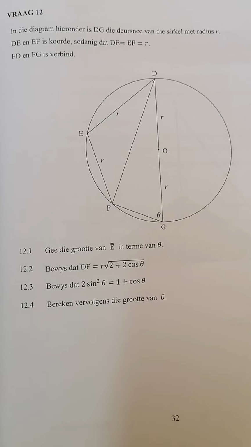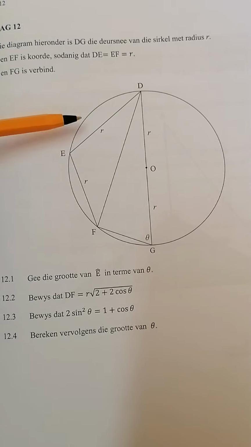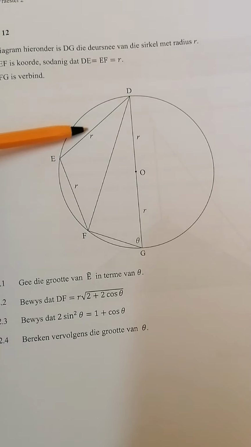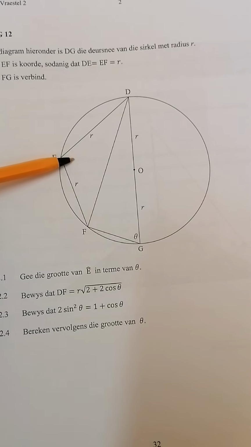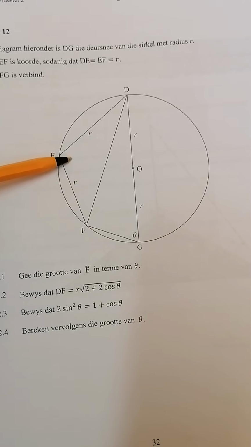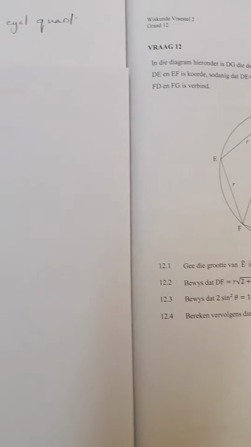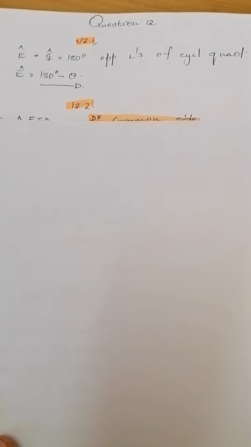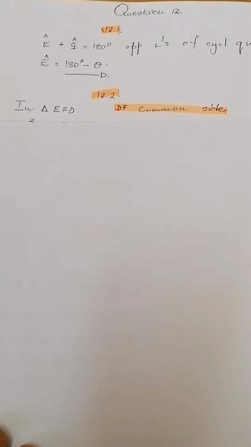Now, let's go and look for that particular side. Let's see what we know. First of all, we know this side, we know this side, and we know the angle between the two sides. That means we are going to use cosine rule because we know two sides and the included angle.